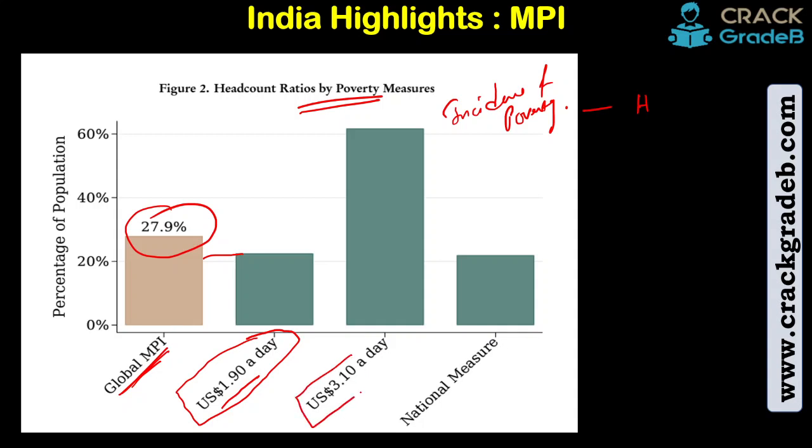If you compare it with USD 3.10 a day, you see that the poor people in India increase to somewhere around 61-62%, right? And the national measure is the average. Okay, so have you understood? This is the world as per the World Bank poverty line, that is USD 1.90 a day.